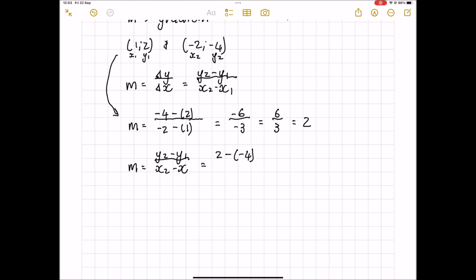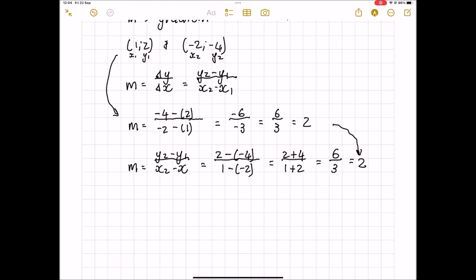So it's going to be y2, which is 2, and then minus y1, which is -4. Now, the same with the x's. We'll say x2 is this time 1, and x1 would be -2. So 2 minus -4 is the same as saying 2 plus 4. 1 minus -2 is the same as saying 1 plus 2. And you get 6/3, which is the same as 2.